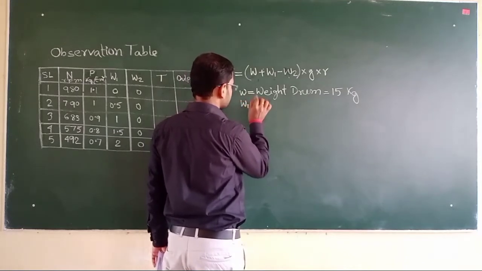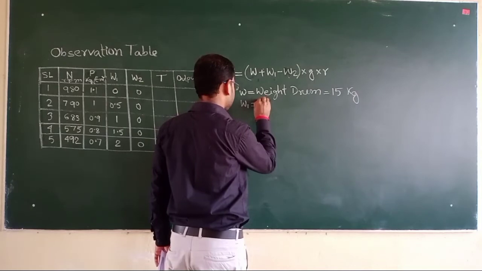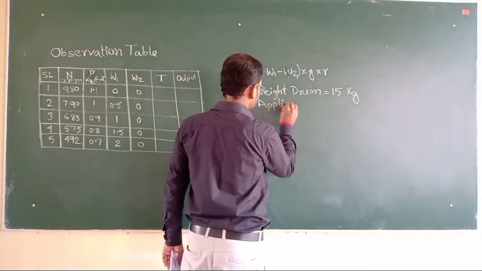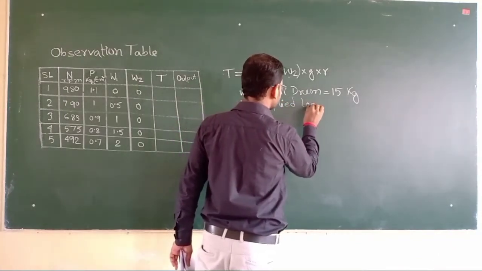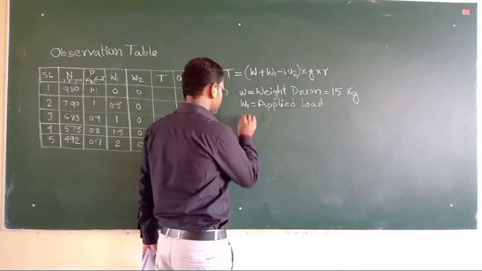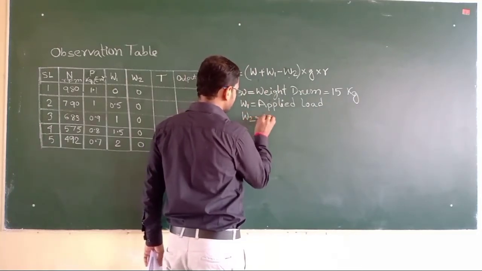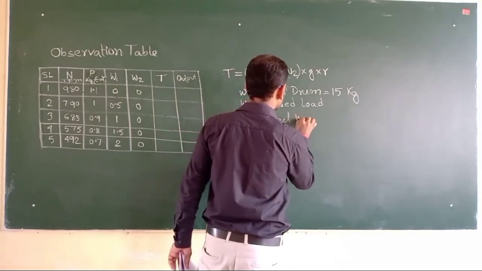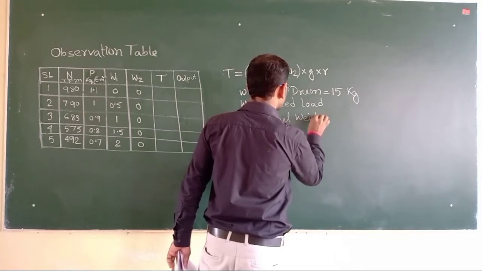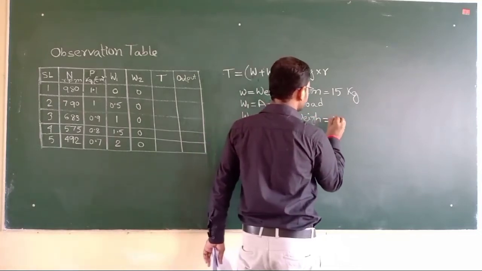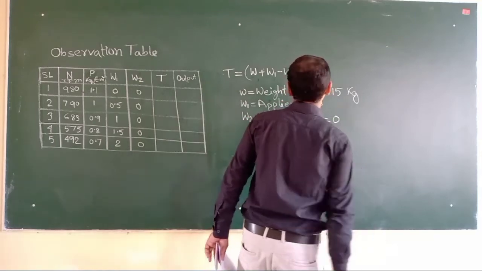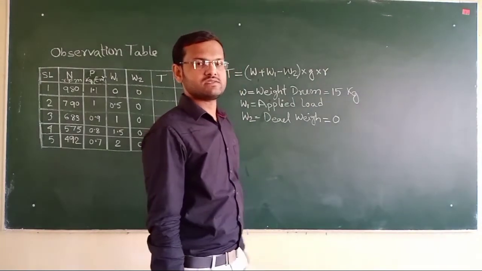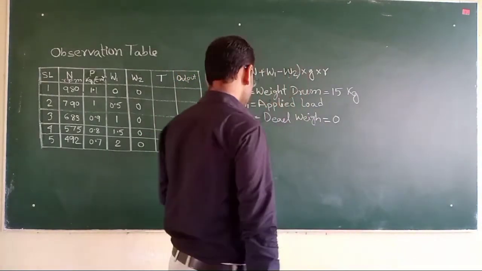W1 is applied load, W2 is dead weight, equal to 0, and G is the gravitational constant.